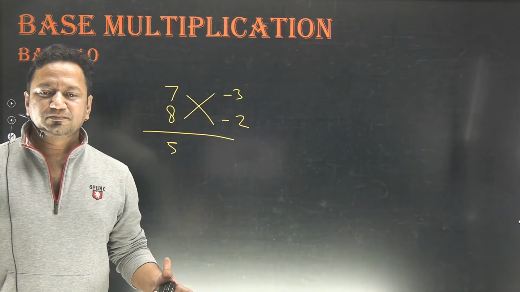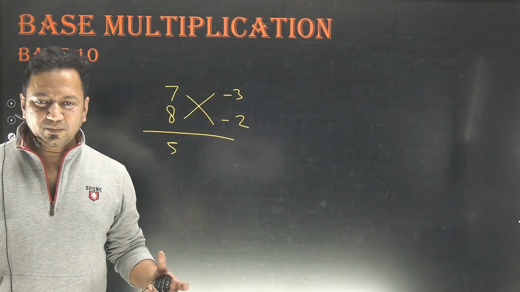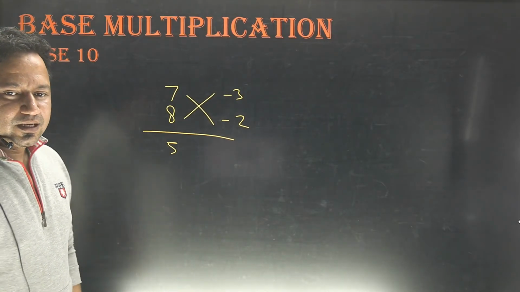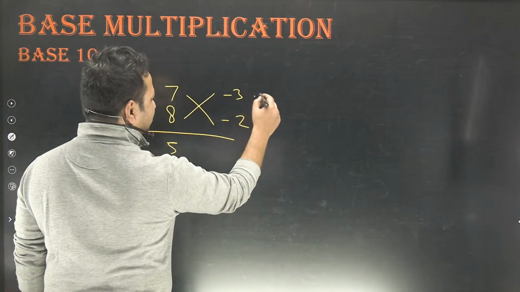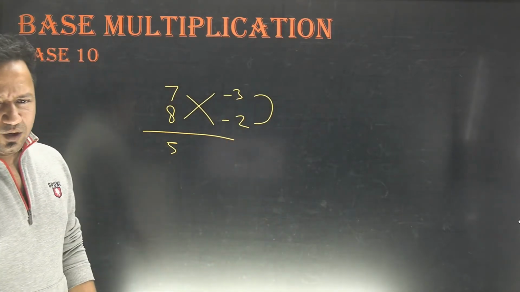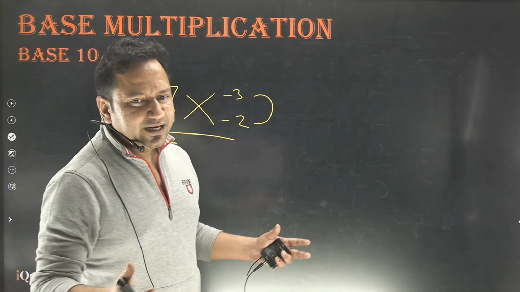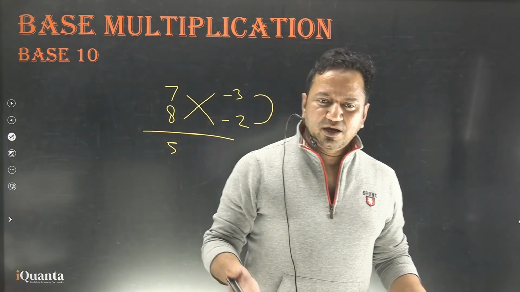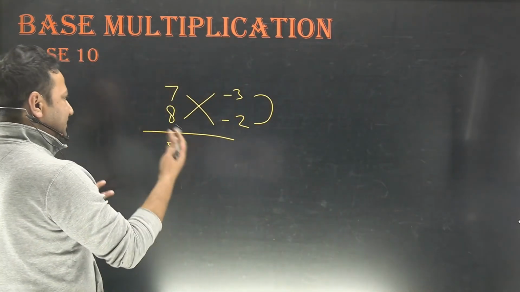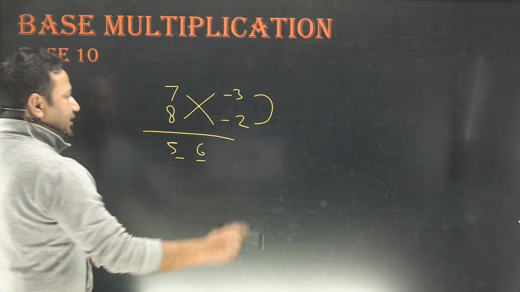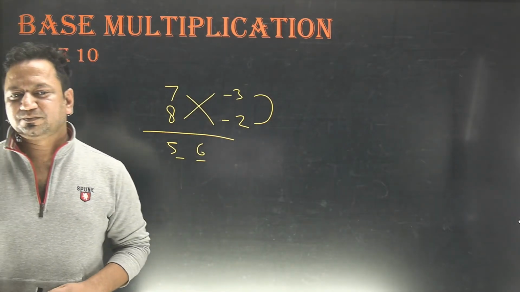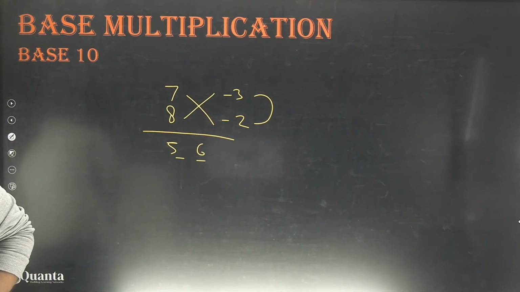And after that, we'll just multiply -3 and -2. Now, all of us know when two negative numbers are multiplied, they result in a positive number, right? -3 multiplied by -2 is +6 only. Just write 6 and we got our answer, 56. Isn't it perfect?